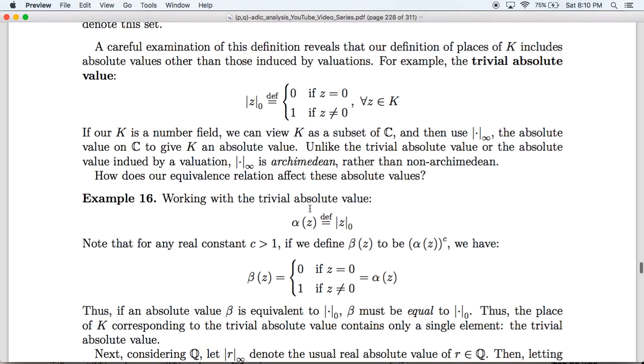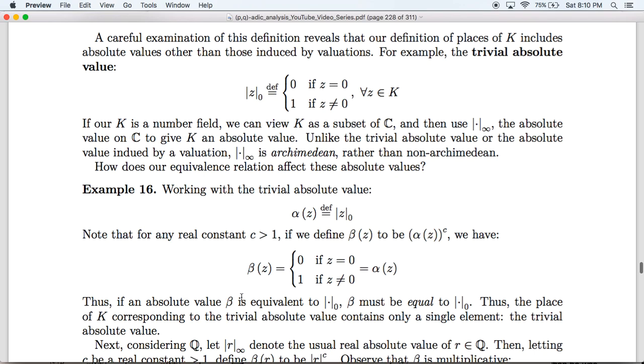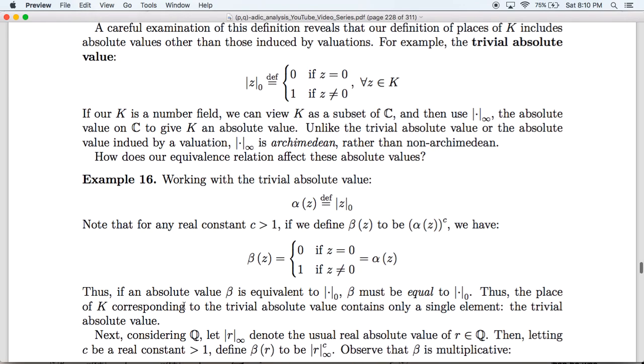So what this tells us is that if an absolute value beta is equivalent to the trivial absolute value, it actually must be equal to it. So the place of k corresponding to the trivial absolute value contains only a single element, the trivial absolute value.